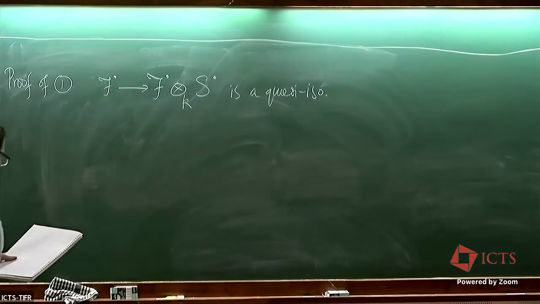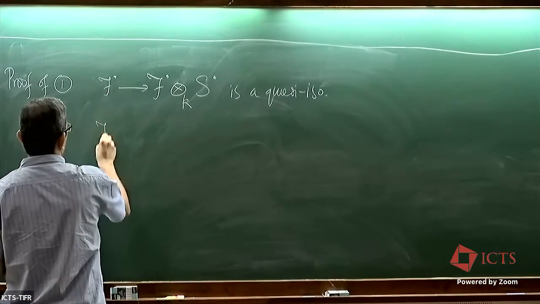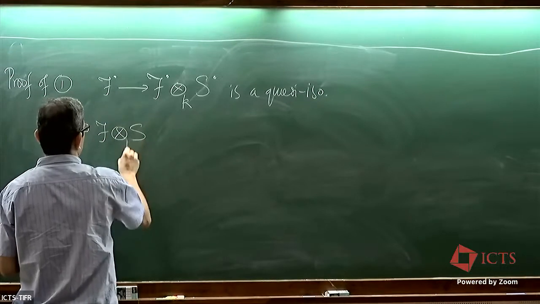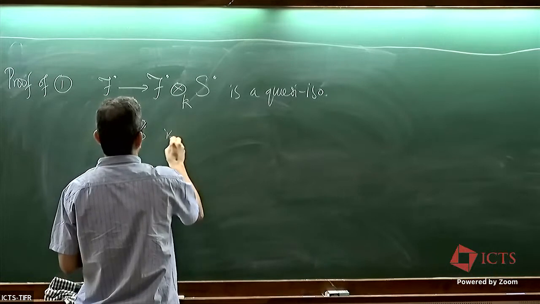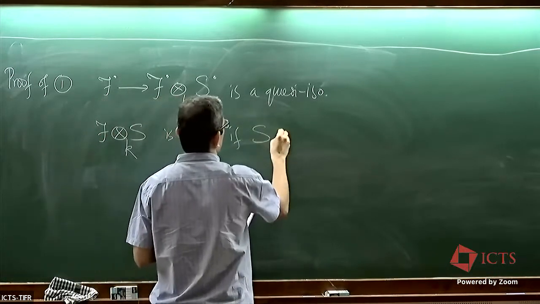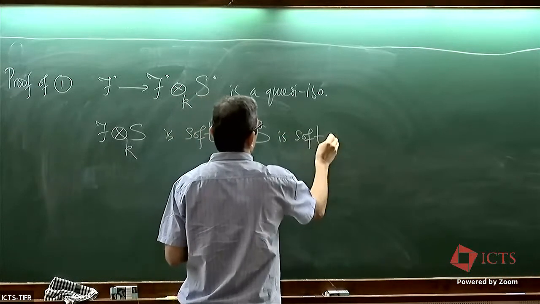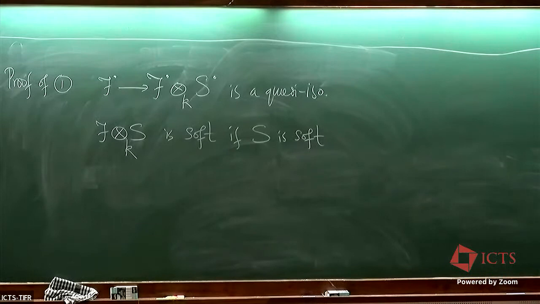So this is certainly a quasi-isomorphism, but that's not enough. The next statement I'm going to make is that F tensored with S over K is soft if S is soft. And that will help us prove one, because then, if you have soft resolutions, you can remove the derived part, replace R by nothing.